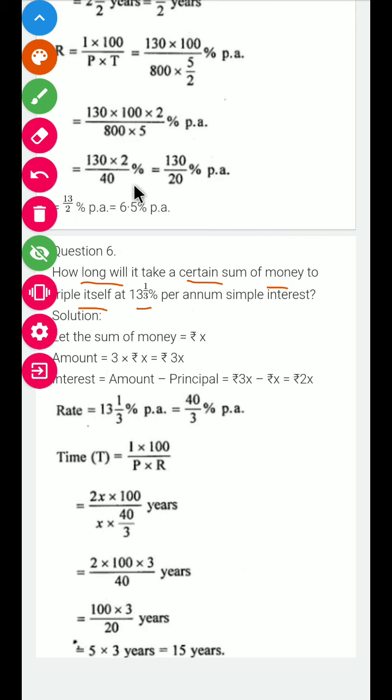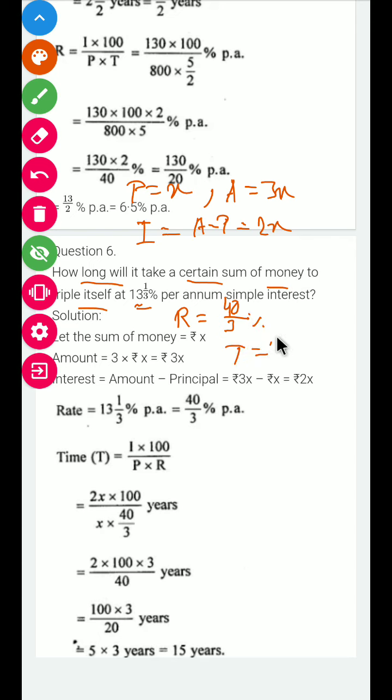Suppose the money is x, the amount is 3 times the sum of money, that means amount is 3x. That means you can find the interest from here. Interest is equal to amount minus principal, this will be 2x here. Now rate of interest is given, R is equal to 13 and 1/3, so this will be 40/3%. You have to find the value of T.